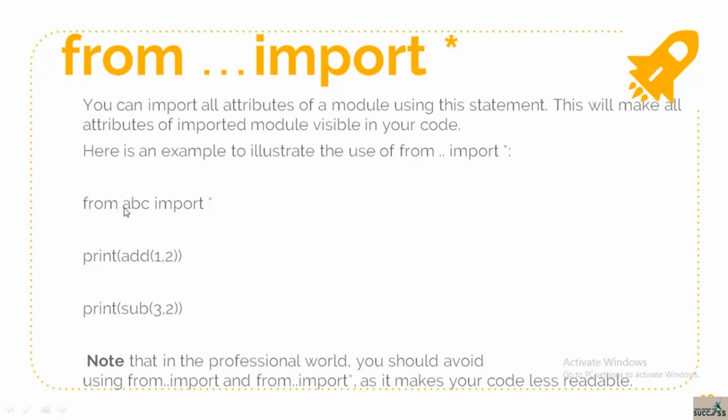We are saying from the abc module import star. Star means import everything from this module abc, and now we can use both of these functions in the module xyz. Note that in the professional world you should avoid using from import star, as it makes your code less readable.